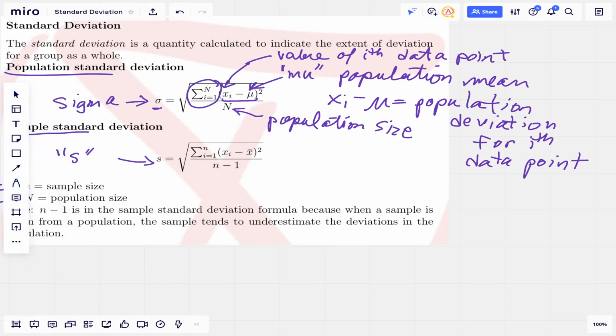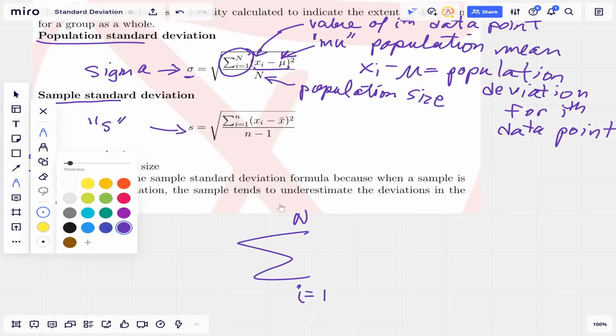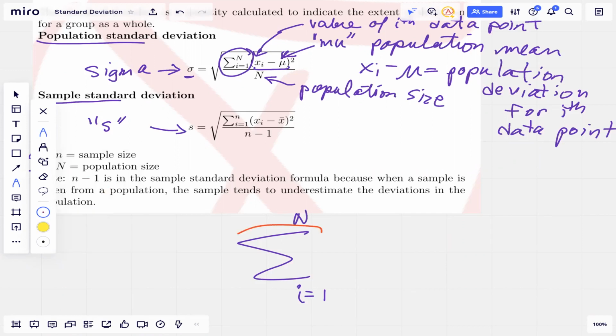I'm just going to scroll down a little bit. So let's look at what this means. What is that? I'll pick another color so we don't get confused. So this symbol here, that's a Greek letter, it's called sigma, but it's capital sigma, like the capital of this value.